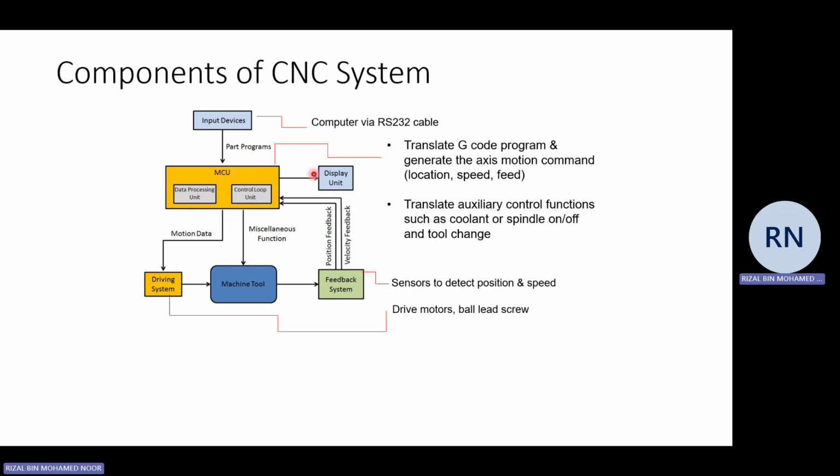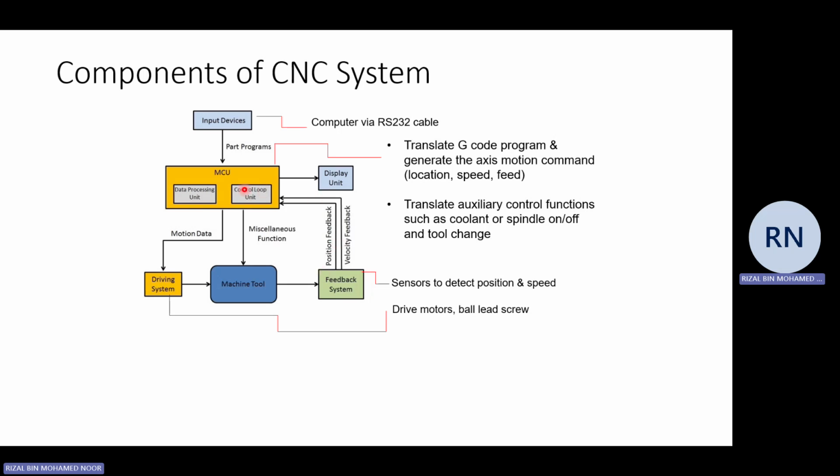And then we have a display unit, and the MCU sends the data to the driving system, so the gear system, the drive motor system, and the ball screw will be activated. Besides that, we have a feedback system to detect whether the position and speed being input are correct or not.